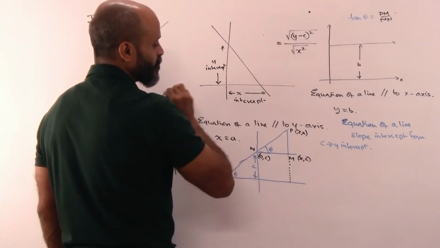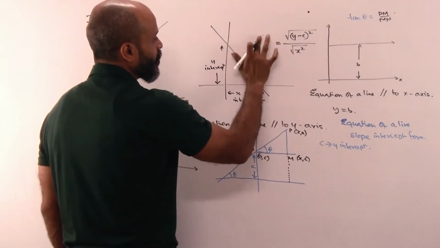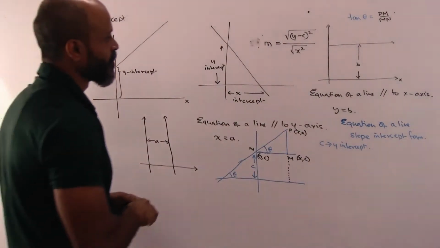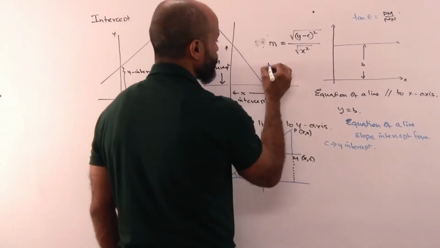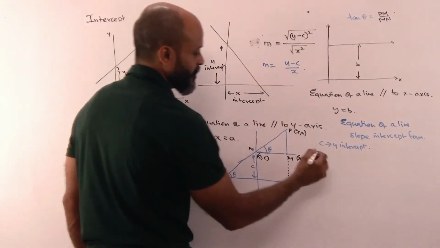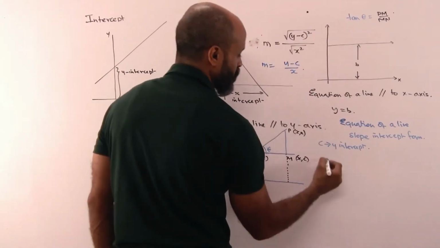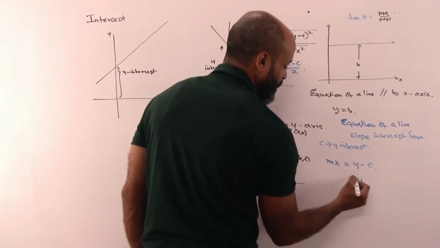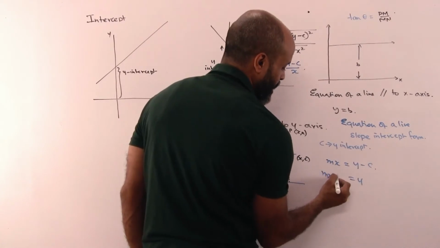This is equal to tan theta, and tan theta is the slope of the line, that is m. So m is equal to (y minus c) upon x. If we cross multiply, mx is equal to y minus c. So y will be equal to mx plus c.